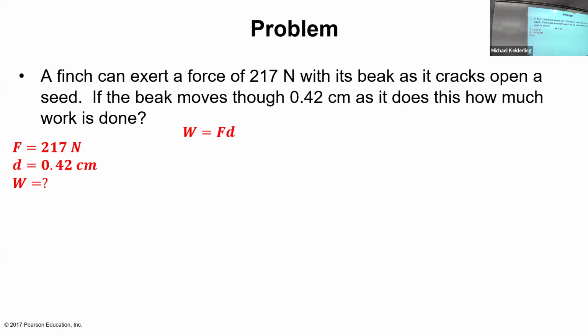We'll get into the more general case, but 217 newtons times 0.0042 meters gives us 0.912 joules. Reasonably large force, very small distance, small work.